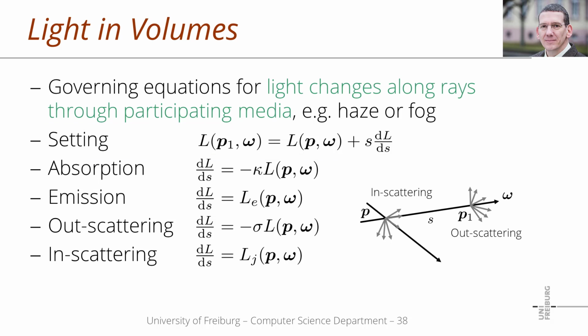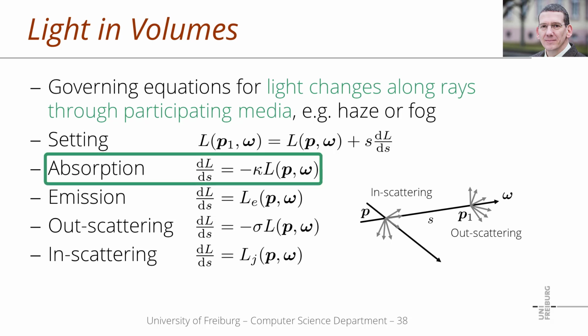Now, when there is participating media, we can consider four effects that influence the light movement. Two effects have positive contributions, while two effects have negative contributions. For instance, light can be absorbed between points P and P1 as indicated by the respective equation.